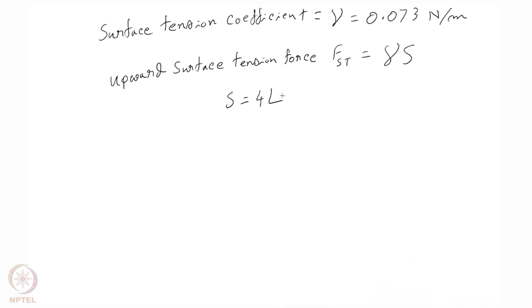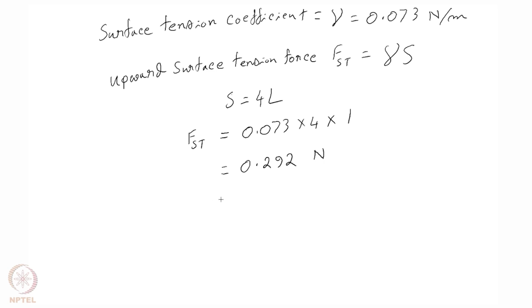So the perimeter is 4L. So what is the surface tension force? FST is equal to 0.073 into 4 into 1, and that is equal to 0.292 Newton.